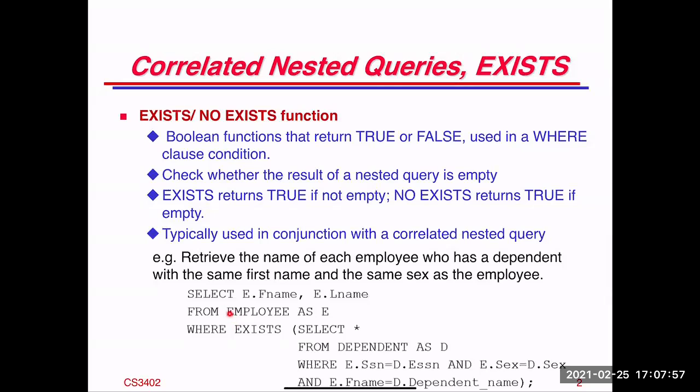This specific employee that I'm looking at is going to be included in my result list if there exists at least one dependent in this nested query. That makes sense? Good.